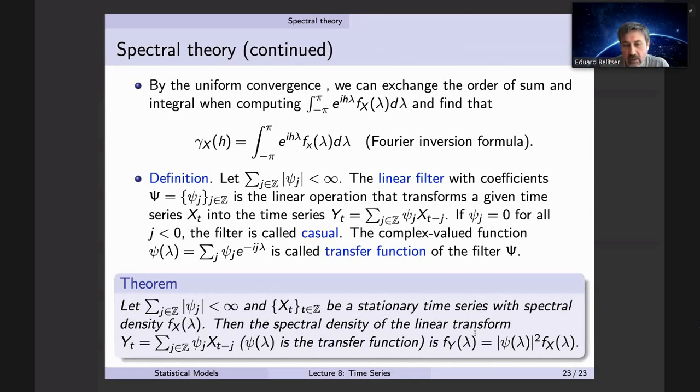They actually do all the transformations, all the manipulations in the so-called frequency domain. This is working with spectral densities rather than covariance functions. For us, covariance functions are a more natural thing than spectral density. You really need to work a little bit longer to get used to this thing.